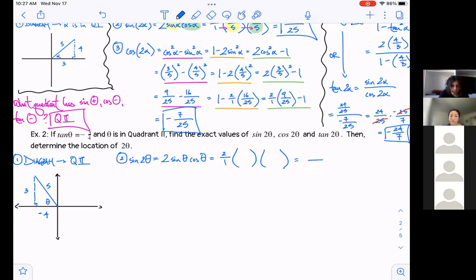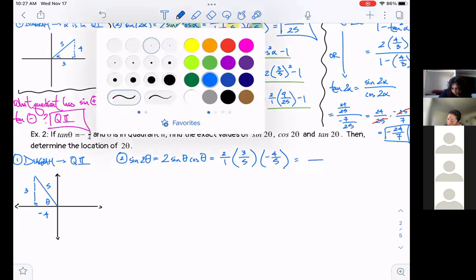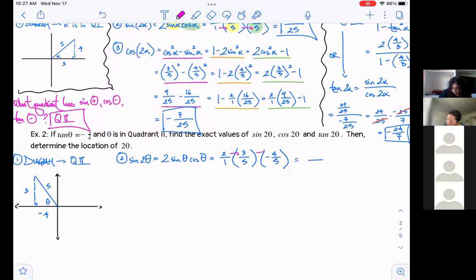Sine would be 3/5. I would agree. And our cosine? -4/5. Nice. Now we multiply all the way across, and I believe we get -24/25.